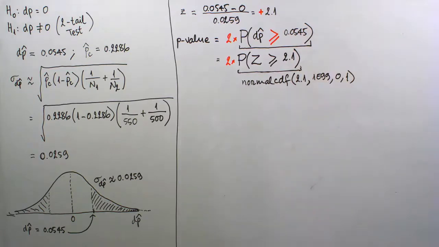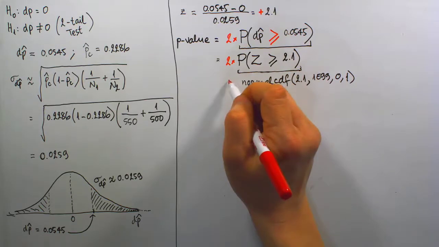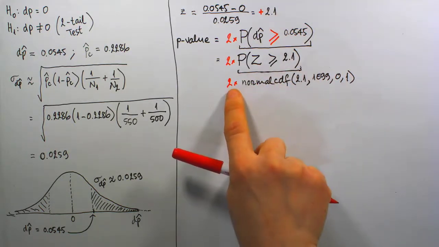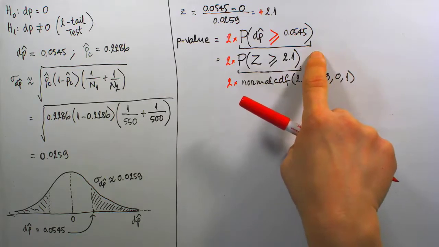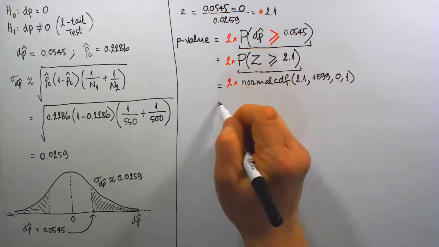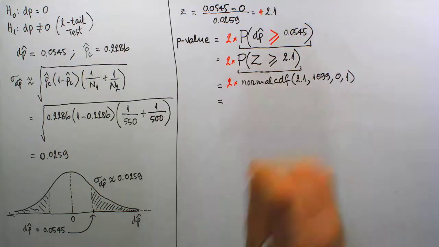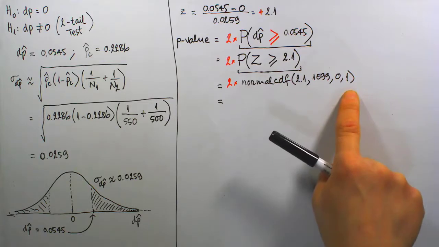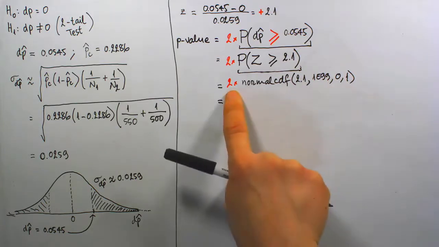But don't forget, we need to multiply whichever comes out from running the normalcdf command by 2, according to the work that was previously set up here. And so that means in our next step, this answer that came out from the normalcdf command will be multiplied by 2.